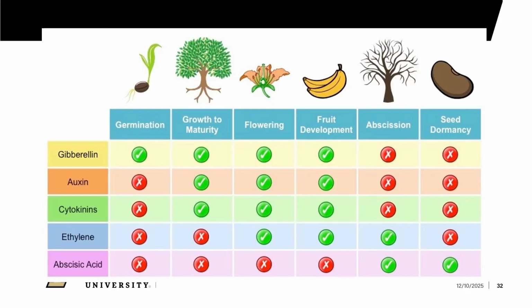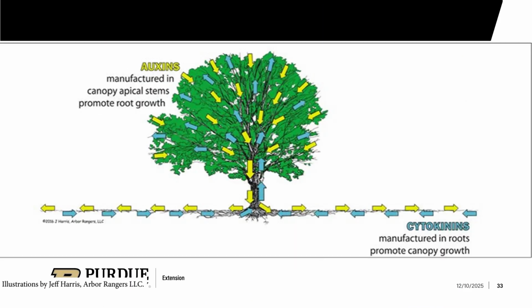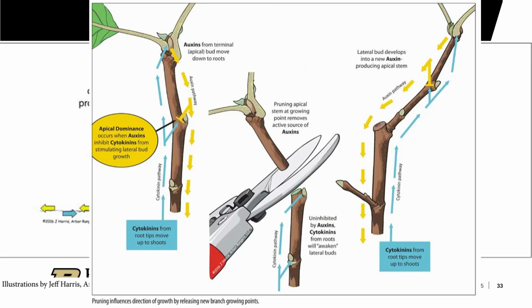Skip through all of this to get to here. These cytokinins are produced down in the roots, so you have this whole feedback system. The auxin is preventing all of these accessory buds from popping, but as soon as you take off the terminal end of that plant, you don't have that auxin to downregulate anymore.